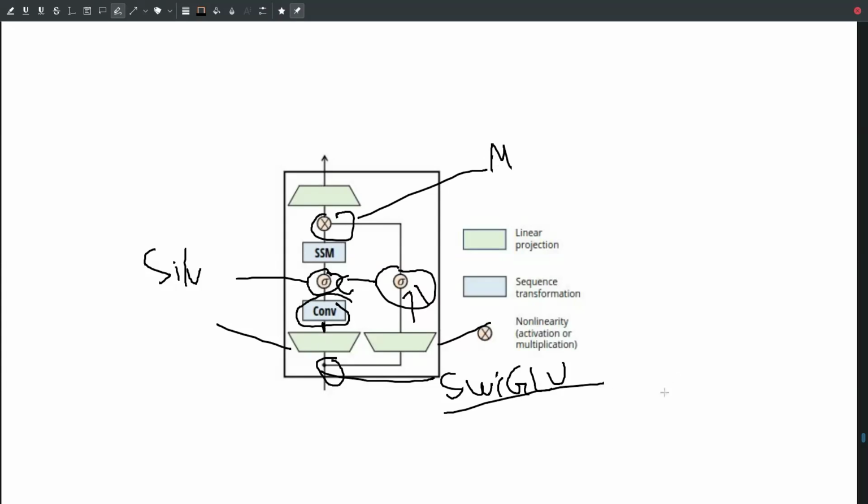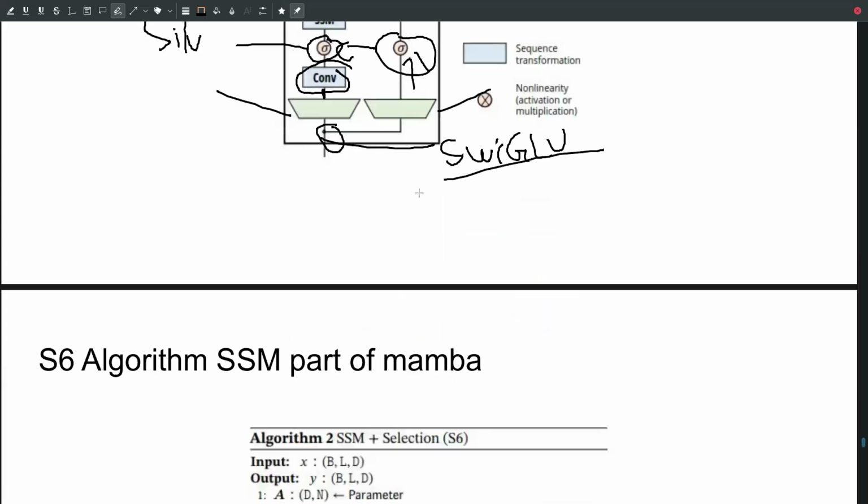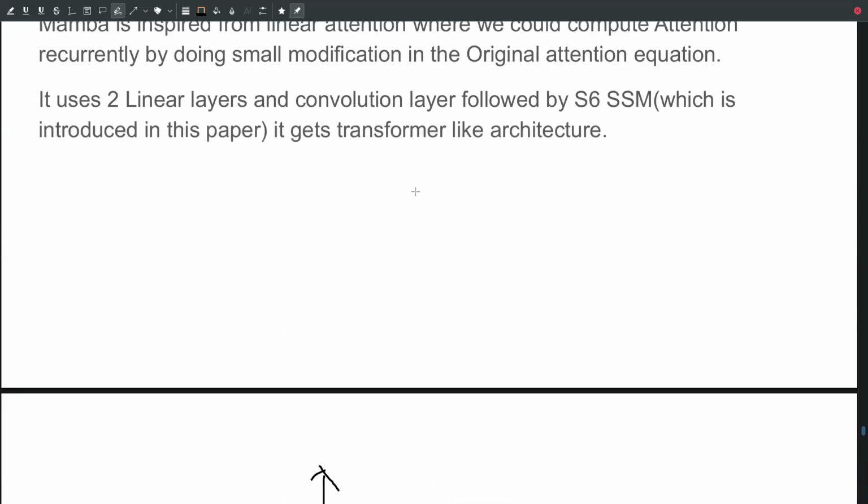Even in gated linear units you do it manually, but it's kind of the same thing. So this is called a Hadamard product, and you multiply it, put it into an nn.Linear layer, and get out the projection. So that's the Mamba over there.